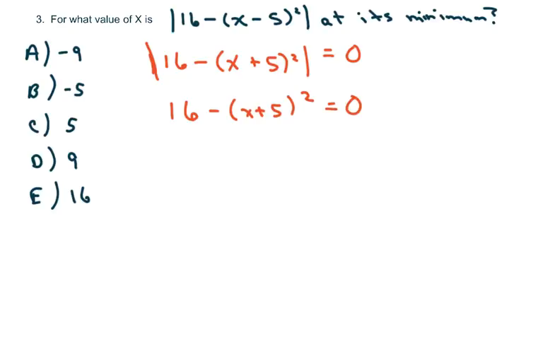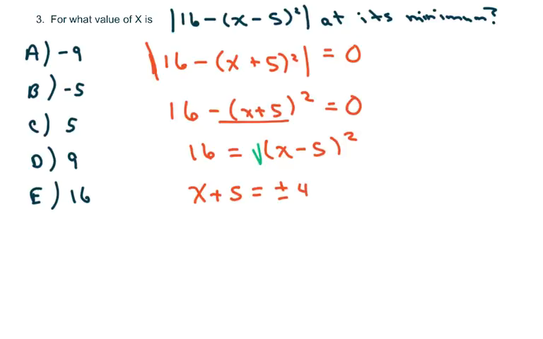We're going to go ahead and move this over, so we get 16 equals (x plus 5) squared. You square root both sides, and you get x plus 5 equals plus or minus 4.